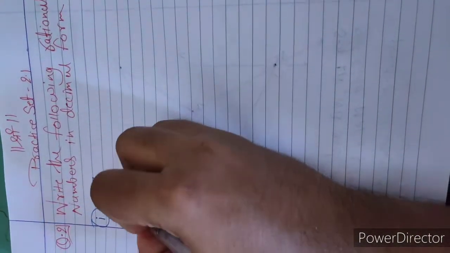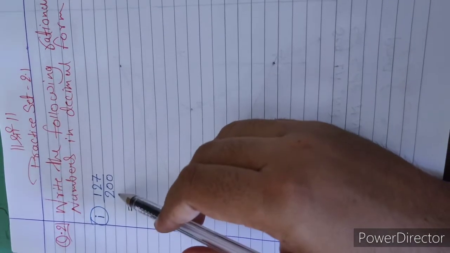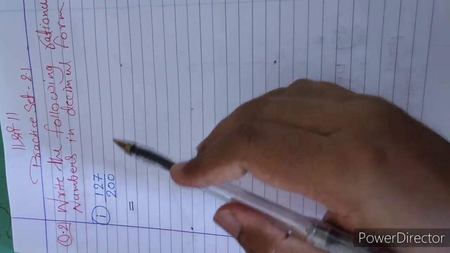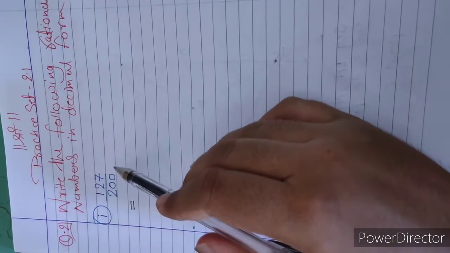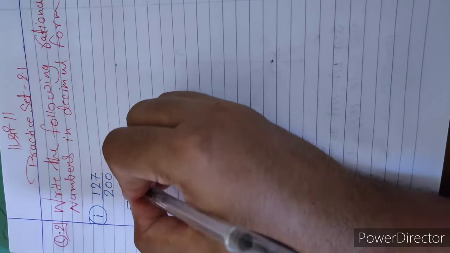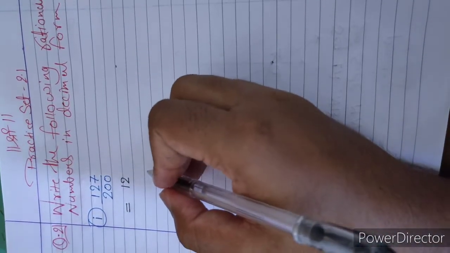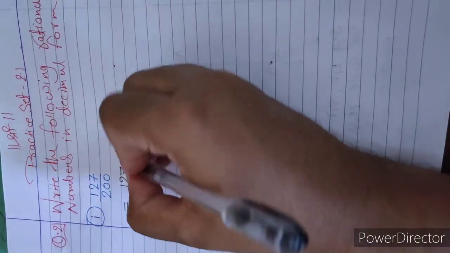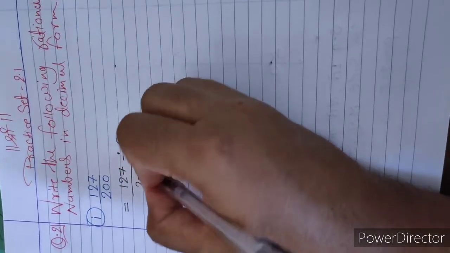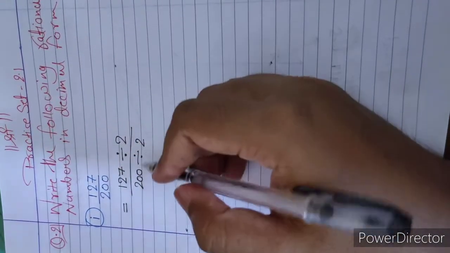For converting the denominator into 100, we have to divide it by 2. When we divide the denominator, we have to divide the numerator too. So we will divide numerator and denominator by 2: 127 divided by 2 and 200 divided by 2. Divide by 2 means half.